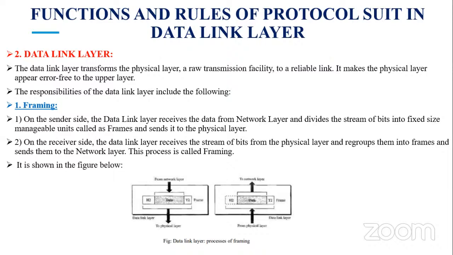If the data link layer allows the flow rate higher than the receiver's device speed, then there will be data overflow and data loss. అలాంటి ప్రాబ్లం రాకుండా డేటా లింక్ లేయర్ చూసుకుంటుంది.